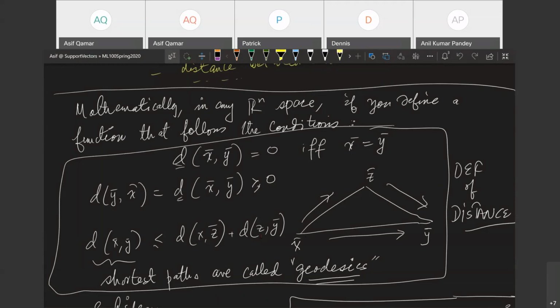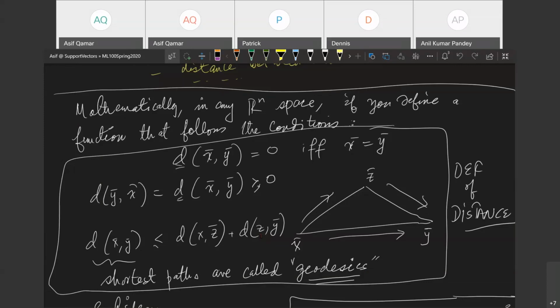Distance is a function of two vectors, let's say points x and y, such that the only way the distance between the two can be zero is if the two points are co-located, sitting on top of each other. Also, distance is symmetric: the distance from x to y is the same as from y to x. And distances are always positive, in other words, zero or more.